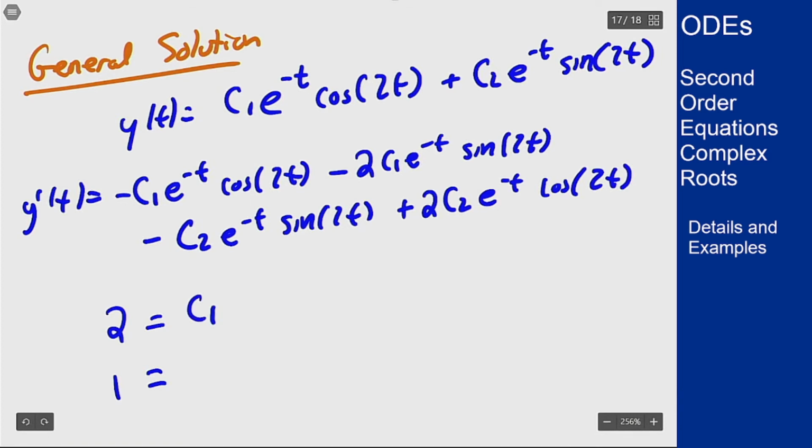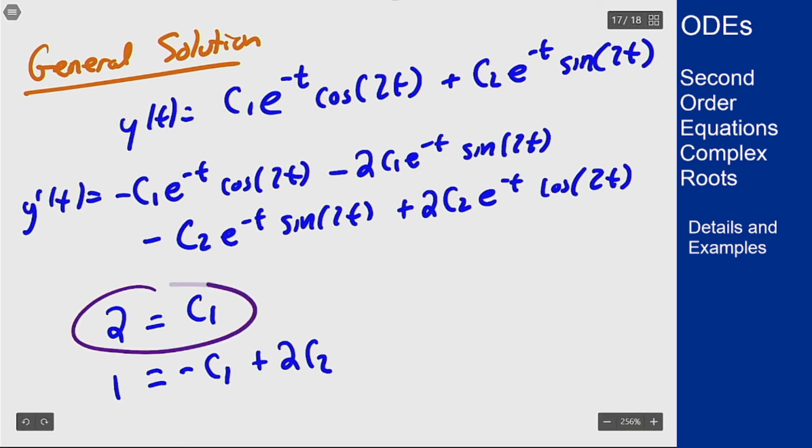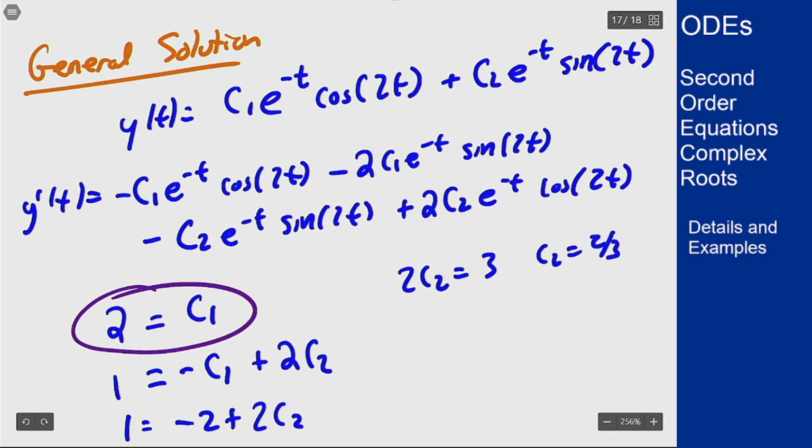For the derivative, this sine term is gone, and this sine term is gone. So I'm left with just minus c1 plus 2c2, because e to the minus t also goes to 1 when t goes to 0. This tells you that c1 must be 2, and then 1 equals negative 2 plus 2c2, meaning that 2c2 equals 3, or c2 is 3/2.